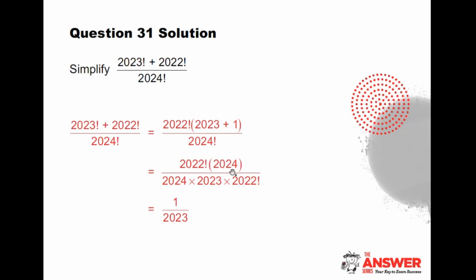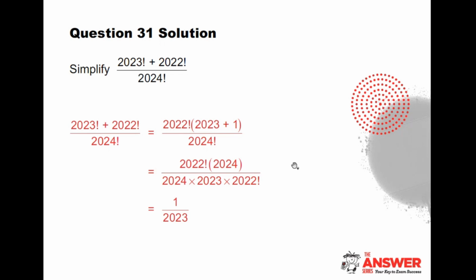That gives me 2024. If I write out 2024 factorial, I can start writing it out and then leave a 2022 factorial there. How cool is this? Those cancel, and look at what my answer is. I think that's quite cool for a question 1.3.